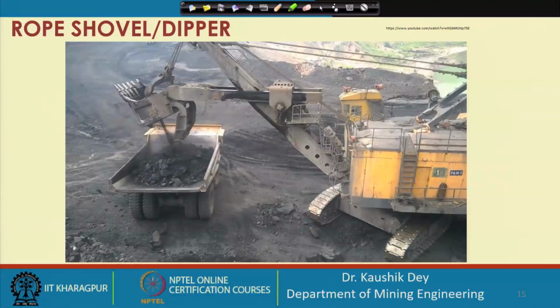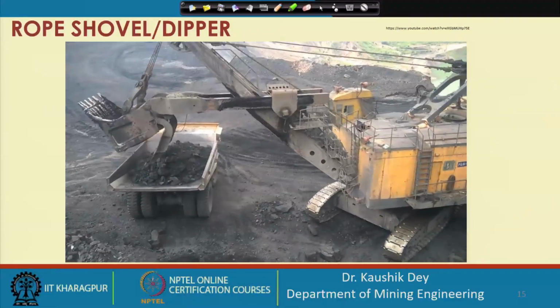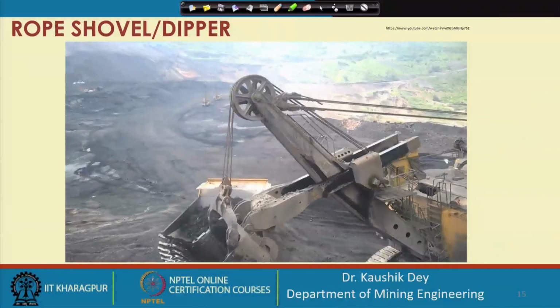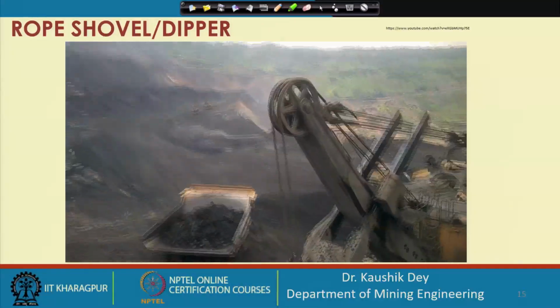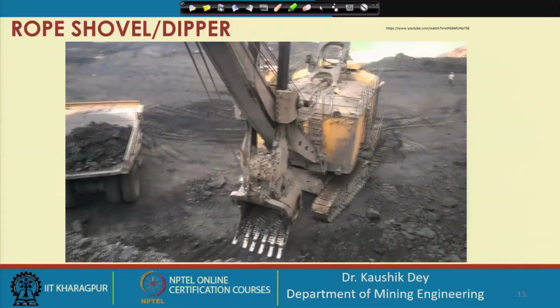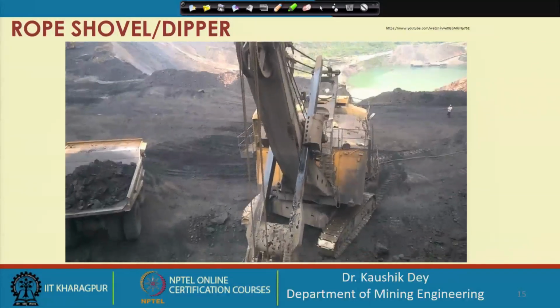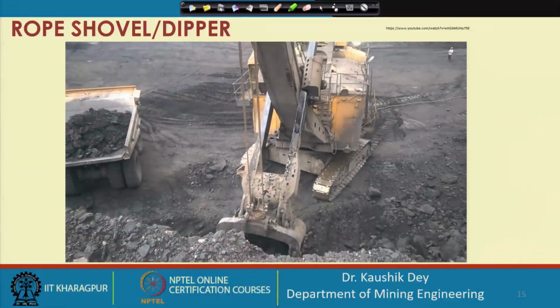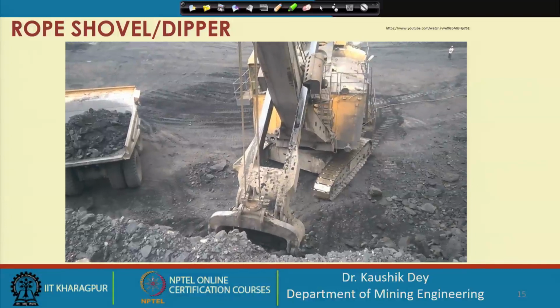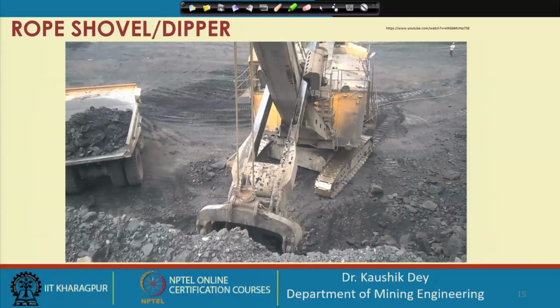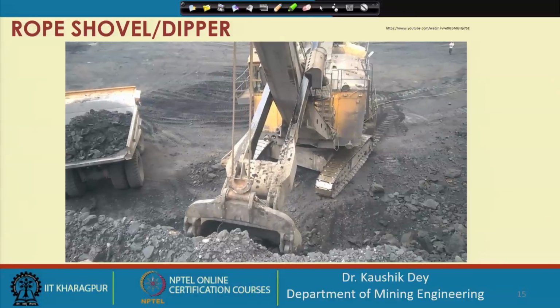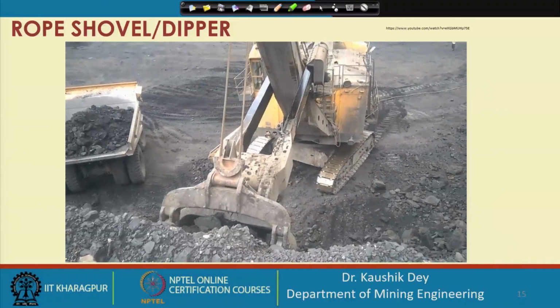So, you can see the loading efficiency of these excavators is very high. You can see it is almost digging a very solid rock mass, it is excavating a very solid rock mass.